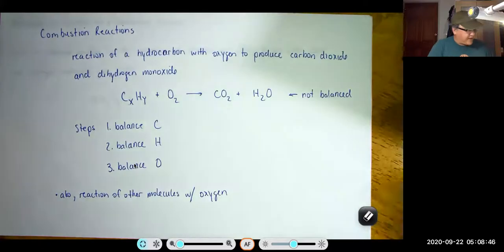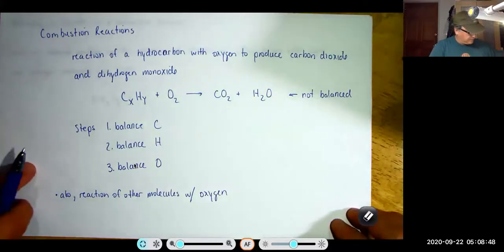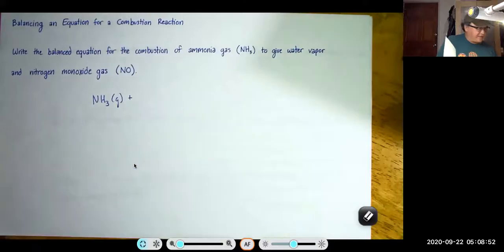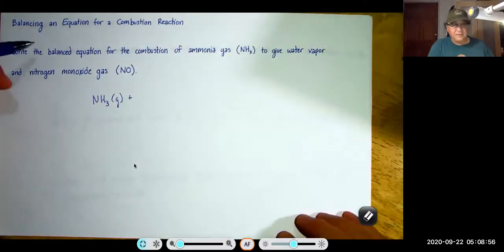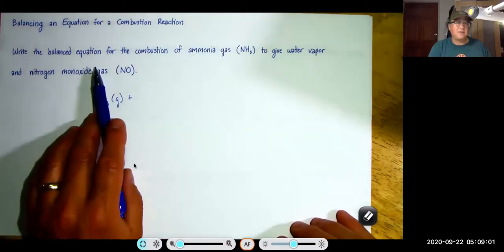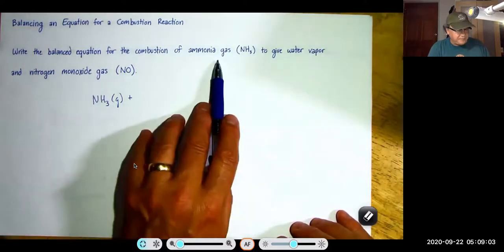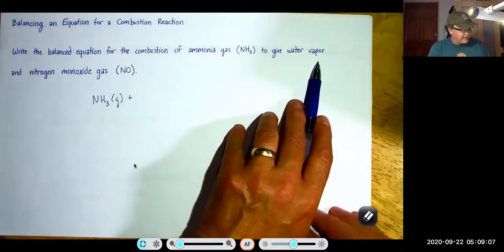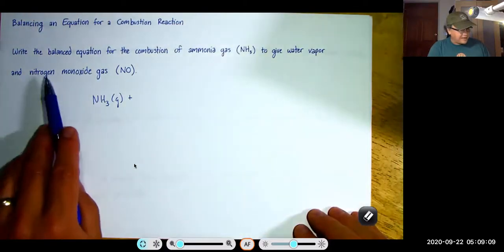Okay, let's take a look at, well, we've already seen this. Let's take a look at this particular problem. Balancing an equation for a combustion reaction. So write the balanced equation for the combustion of ammonia gas to give water vapor, so that's gas, and nitrogen monoxide gas.